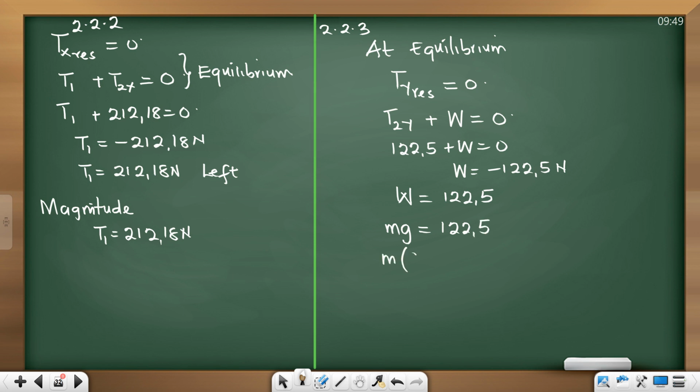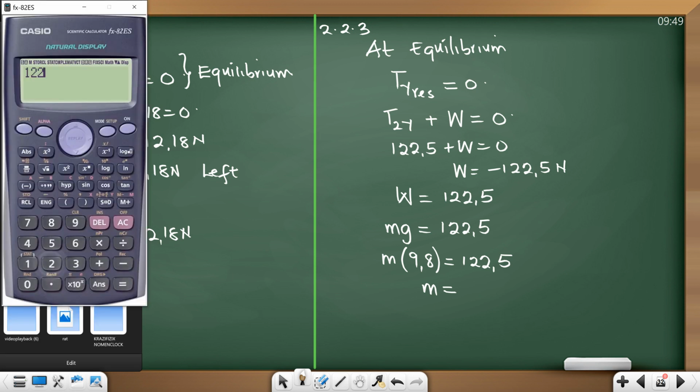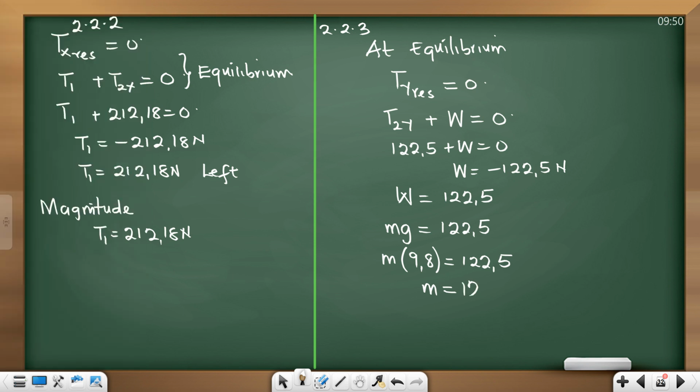And g is a constant. Can we divide both sides by 9,8? Because g is 9,8. 122,5 divided by 9,8. And what is your answer? 12,5. And what is the unit? Kilogram.